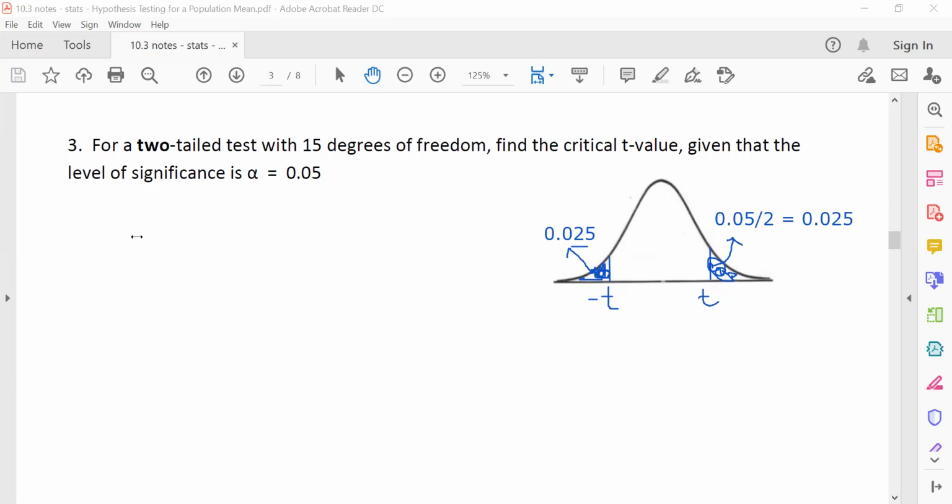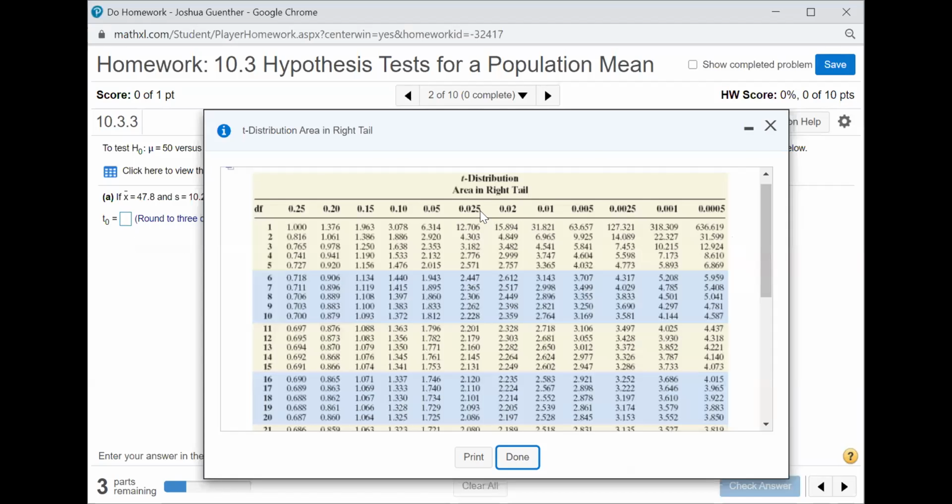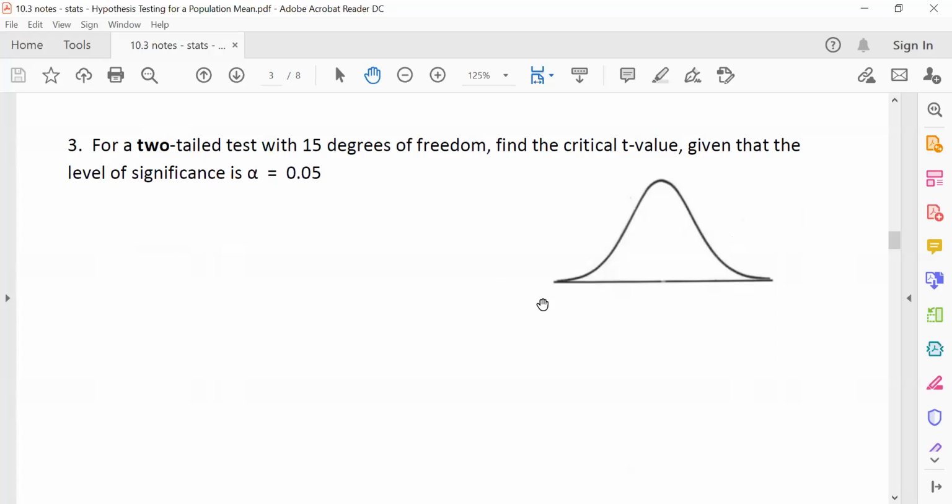Then we'll go look at our chart. Now, even though our significance was 0.05, we want to look along the 0.025. We want to look along here at 15 degrees of freedom. So that's 2.131.